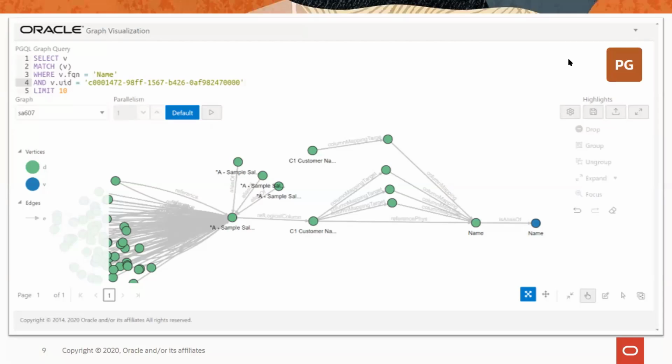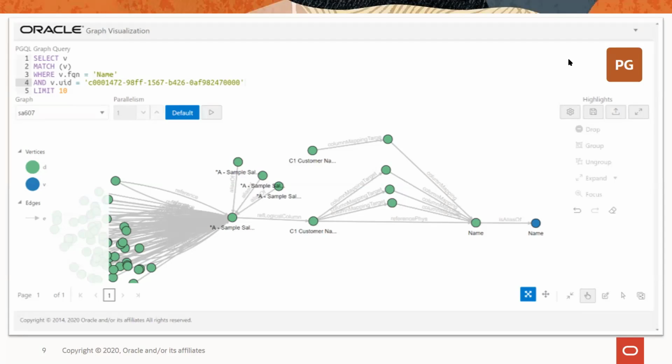And this leads directly to data lineage. When you think of data lineage, it's all about the flow of data. Data starts somewhere, keeps moving around, being transformed, being stored, and ends up being consumed somewhere else. That's obviously a graph. In this simple example, using the Oracle Graph Visualization tool, I'm tracking where my database column called name is going.